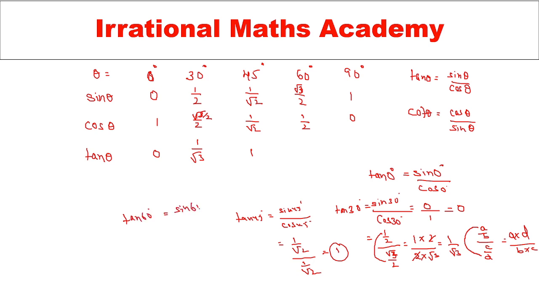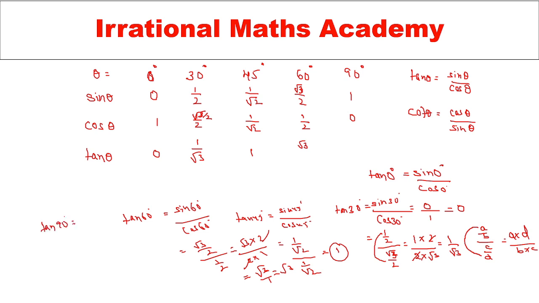Again, sin 60 by cos 60. Sin 60 is root 3 by 2, by cos 60 is 1 by 2. Again, a into d by b into c. So what I'll get? Root 3 by 1, that is nothing but root 3.